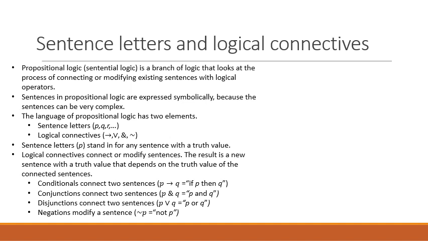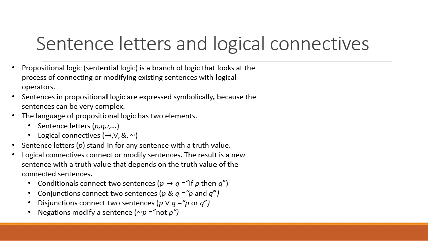3 of our connectives we call binary connectives, and what they do is they take 2 sentences and put them together and create a new sentence. So conditionals, conjunctions, and disjunctions are all binary connectives.